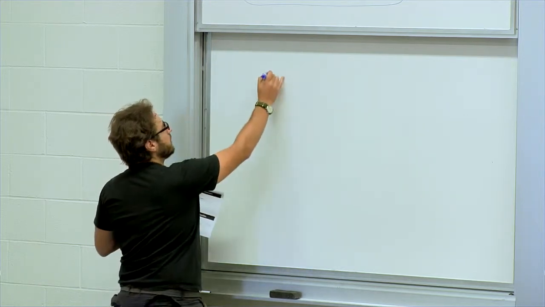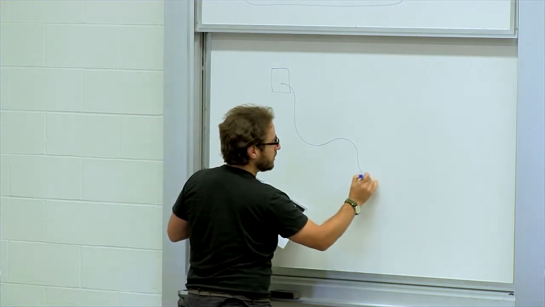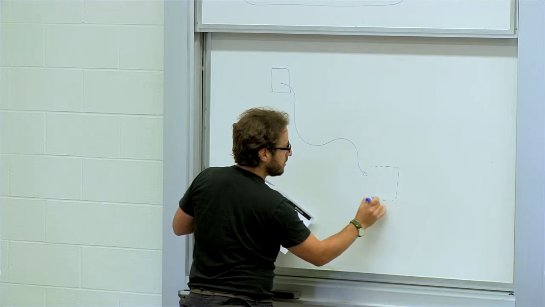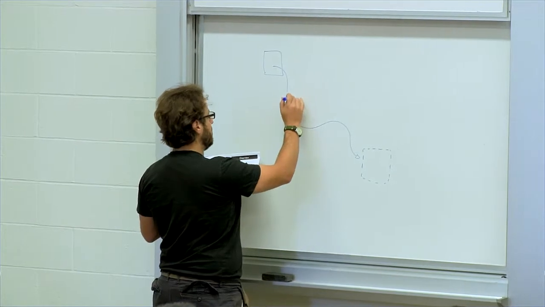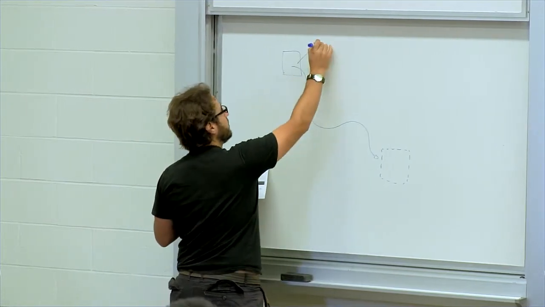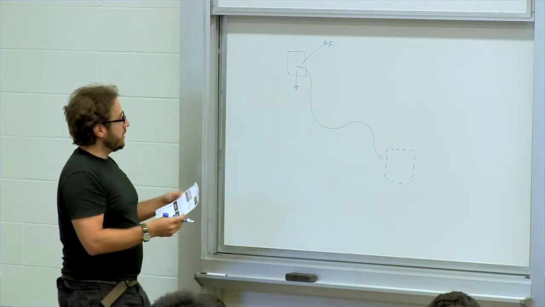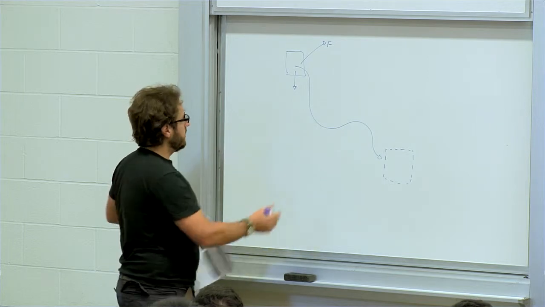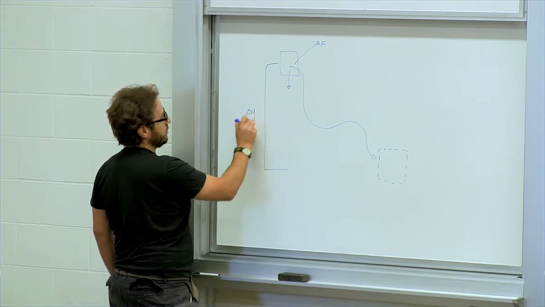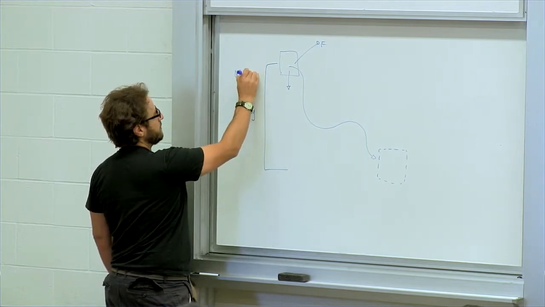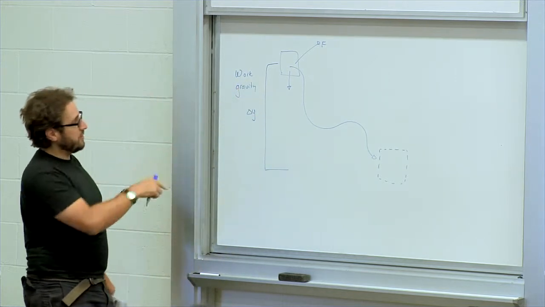Like if you have a block that gets moved by some force to some other location, and on this block you have some force, and you have gravity. If gravity is only in y, then to calculate the work done by gravity, you only need to know delta y. So the work done by gravity is only affected by the difference in height.